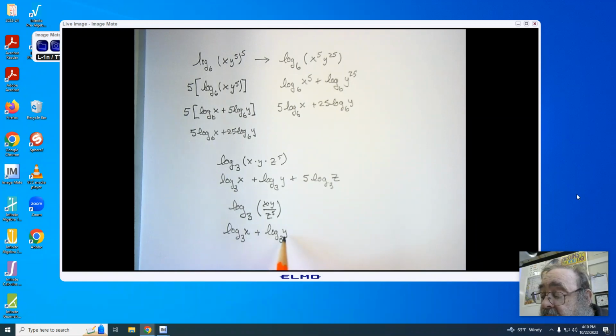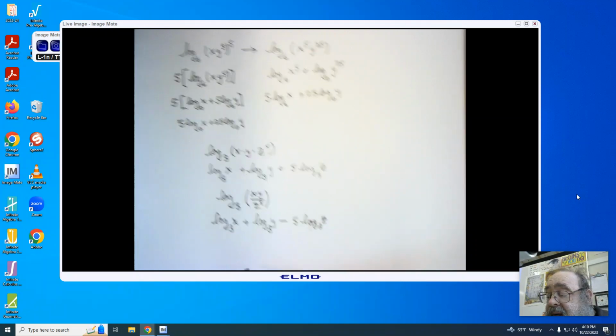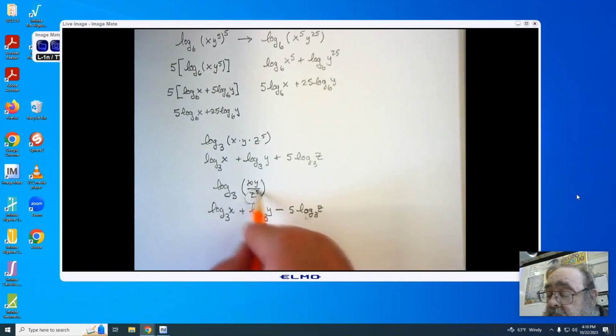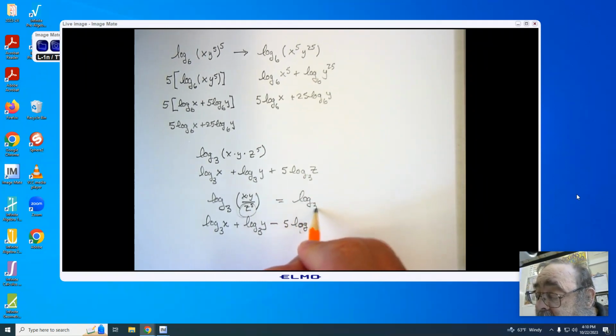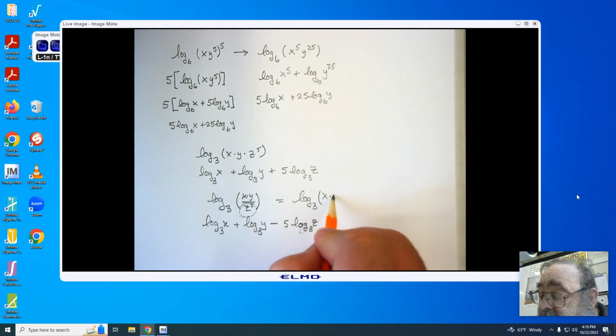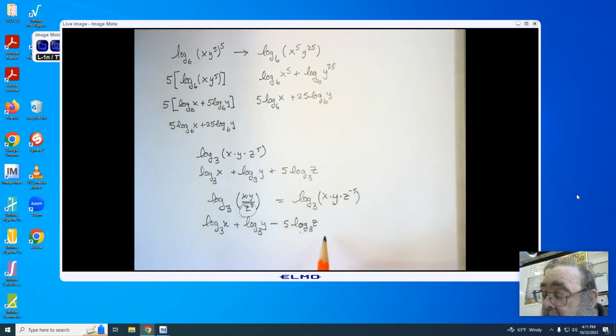They will still be a sum, but now we have a minus 5 log base 3 of z. Now the reason for that is because we can always rewrite this power, and we can rewrite it as log base 3 of x times y times z to the minus fifth power. And now I can have a plus with a negative 5, and when I have a plus with a negative, the negative can always move in its place.